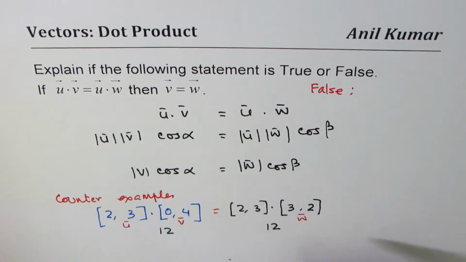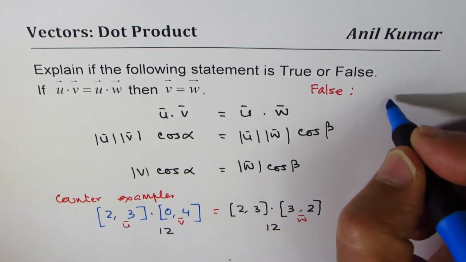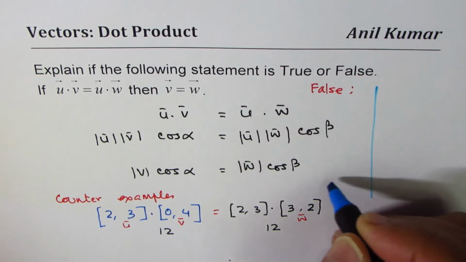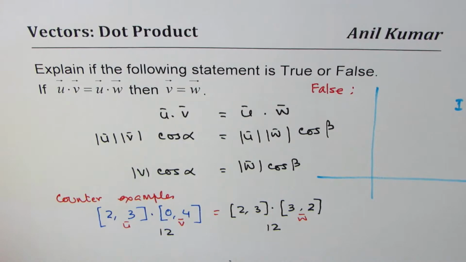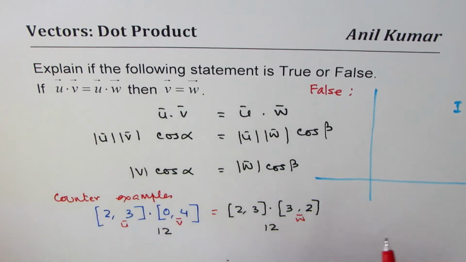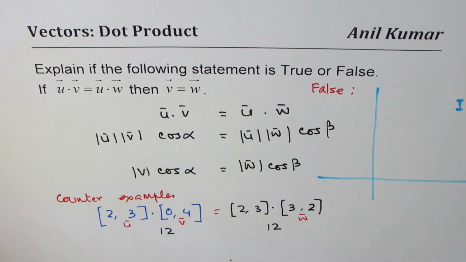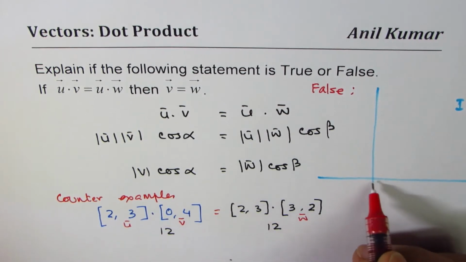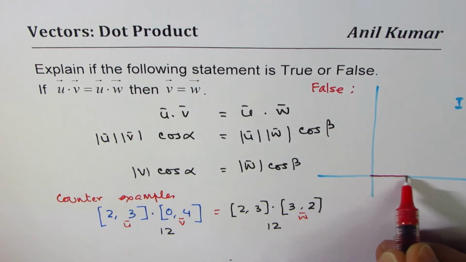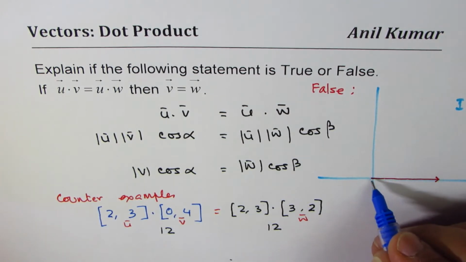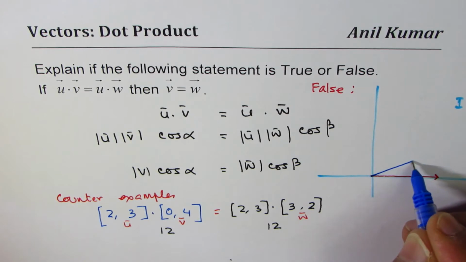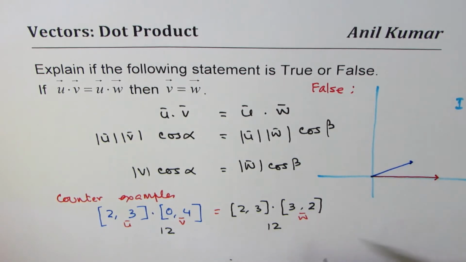Now let me extend this a bit more. I'll consider the vectors in coordinate system just for ease, and I'll consider vector u along the x-axis. Let's say vector u is like this. This is my vector u, and let's say this is my vector v.